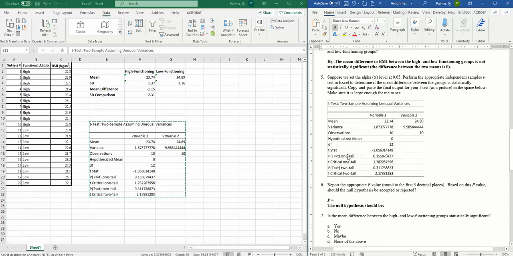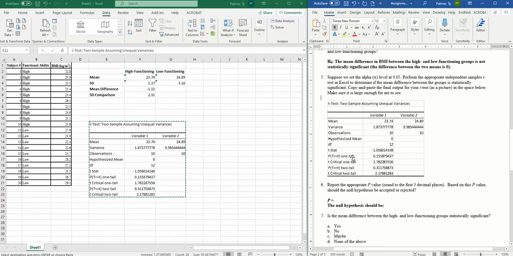Now, down below here, this is the important stuff. This is the really important stuff in our output, when it gets to the p-values. Now, the PowerPoint talks about a one-tail versus two-tail test. One-tail tests are generally frowned upon by researchers.